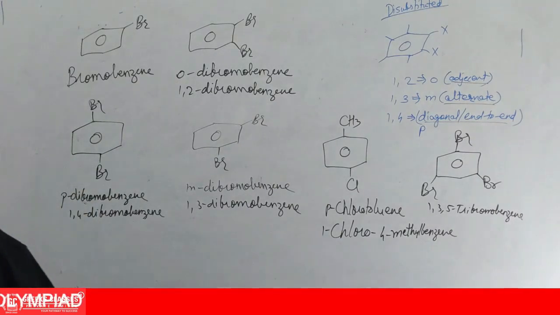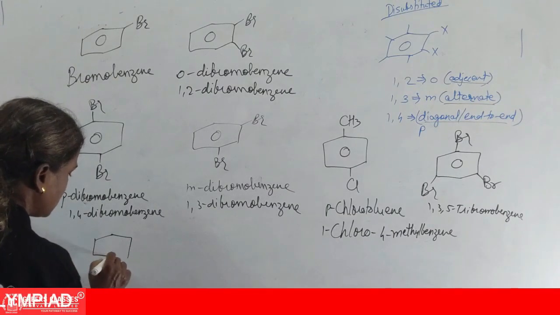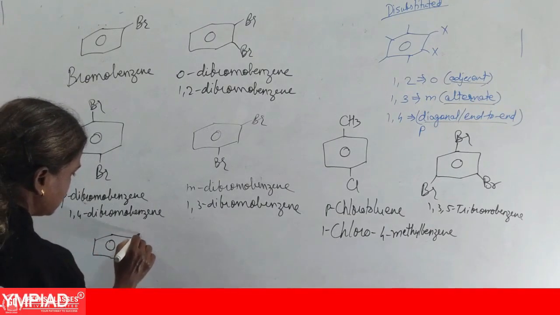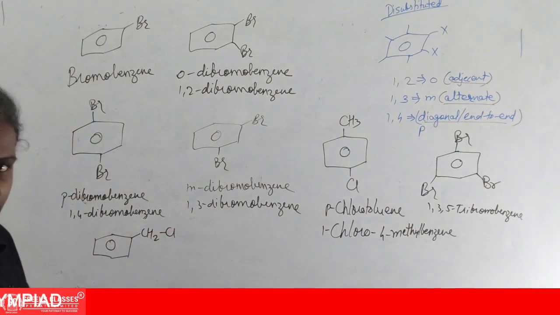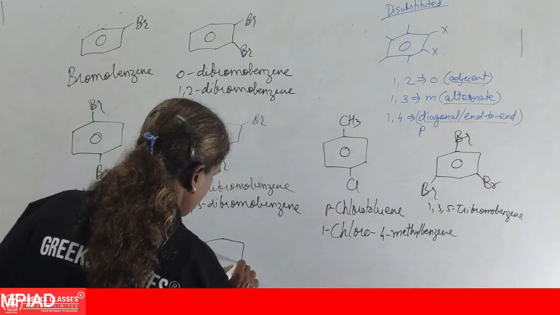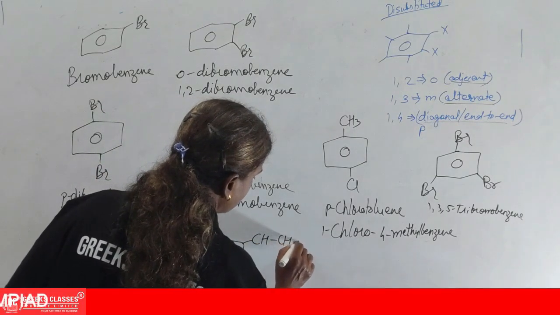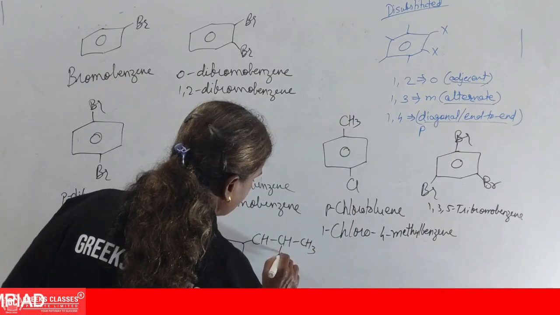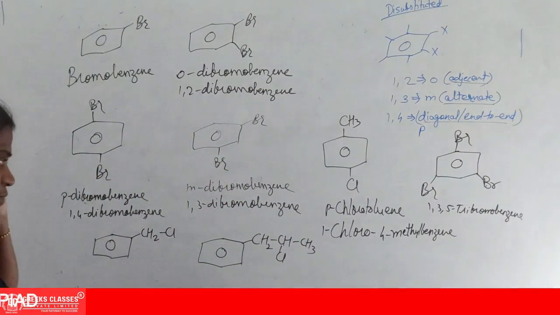Now a few more systems we can have. This last one we have already seen; this one is called benzyl chloride. But if there is a system where there are 3 carbons, what will be the name?